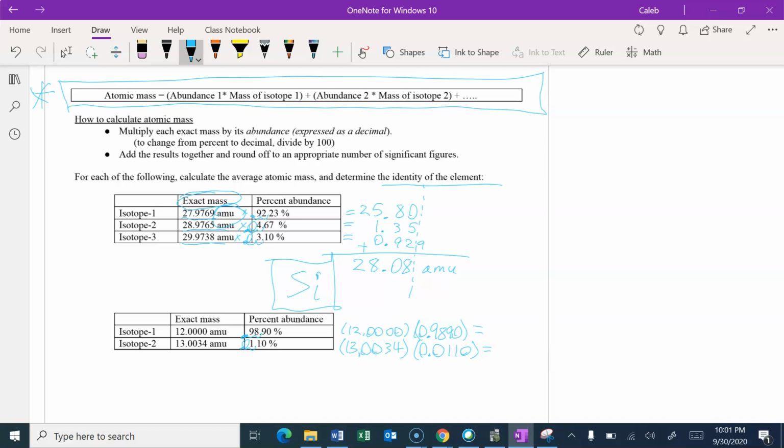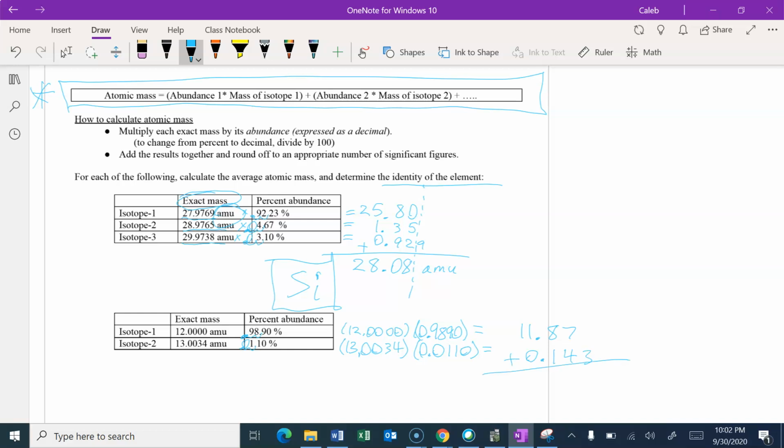Let's find out what the calculator says. When you punch that in, you should get 11.87 if we're rounding to 4 sig figs. And I want 3 sig figs in this case. My answer is going to be 0.143.